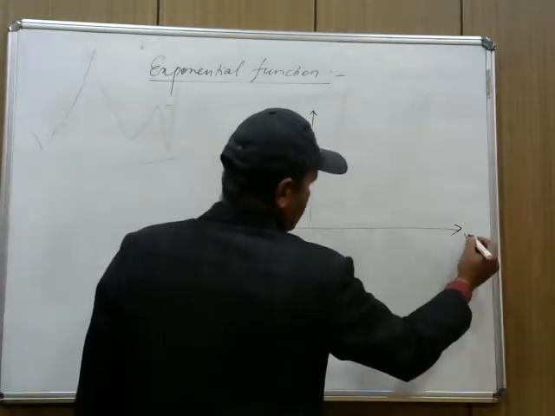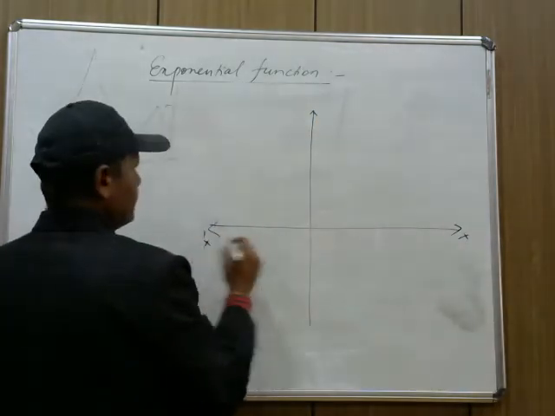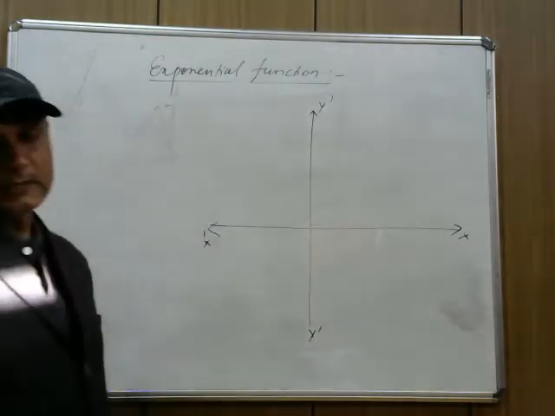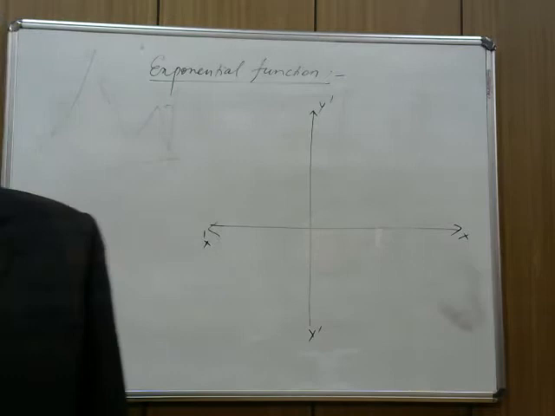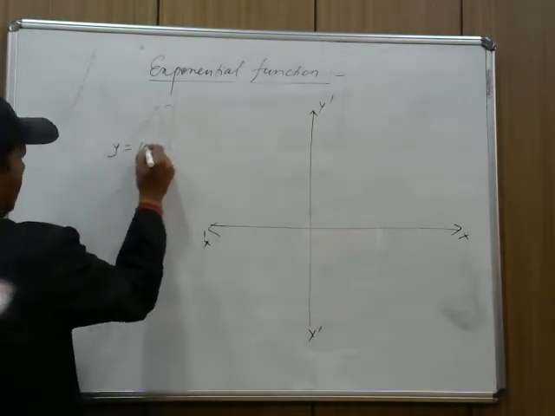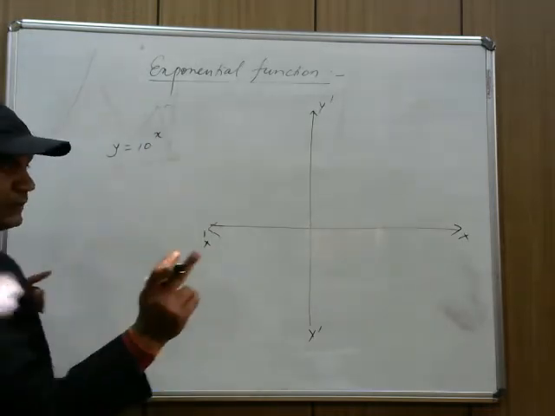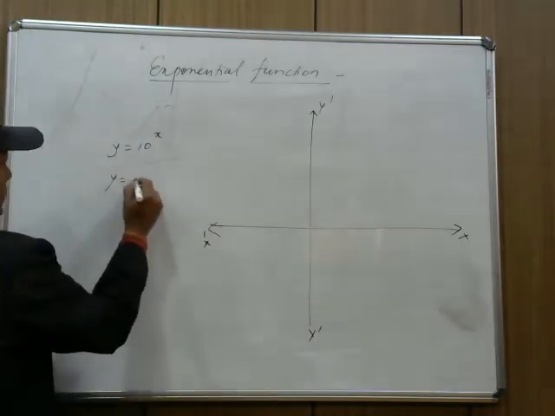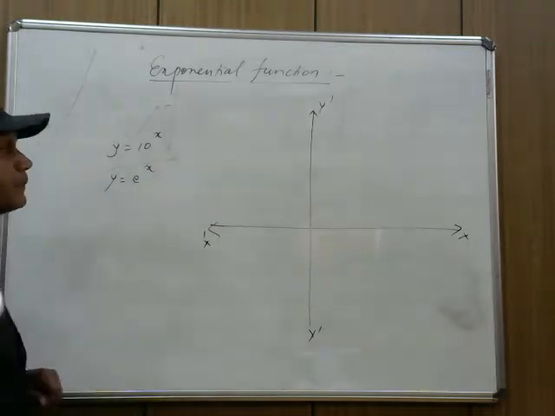You have the function y is equal to 10 to the power x, which I have taken from y is equal to b to the power x, and y is equal to e to the power x.